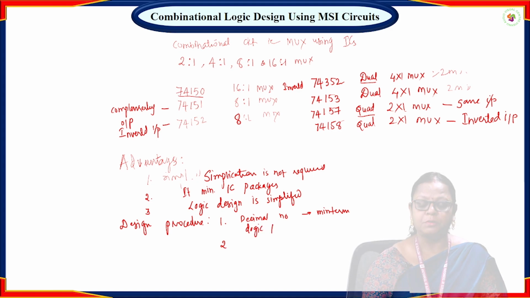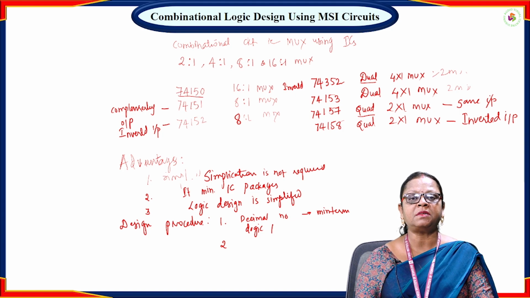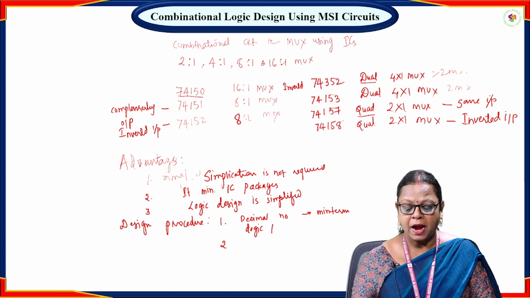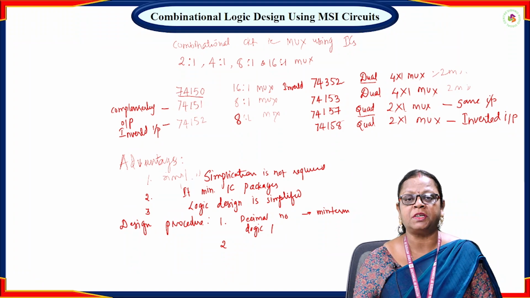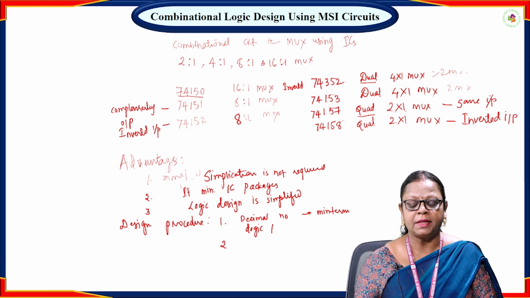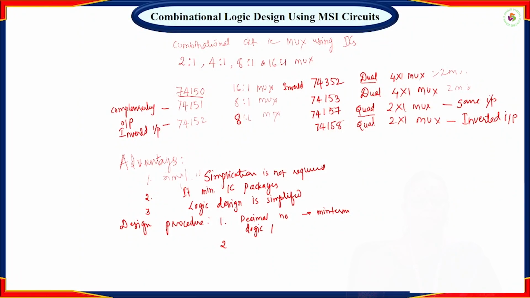So identify the decimal numbers in the given min term expression and connect all those min terms to logic 1. That is the first step. All the other input lines are connected to logic 0.